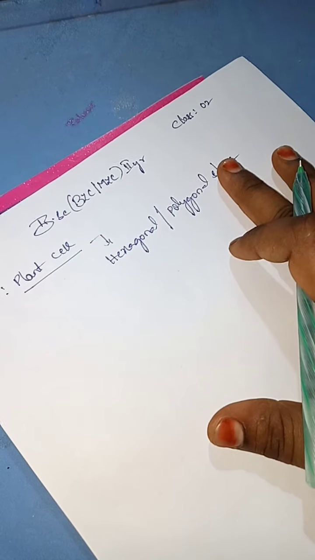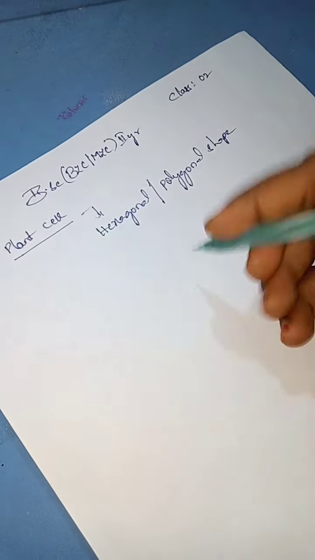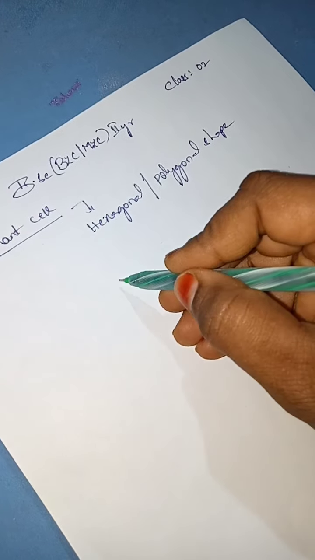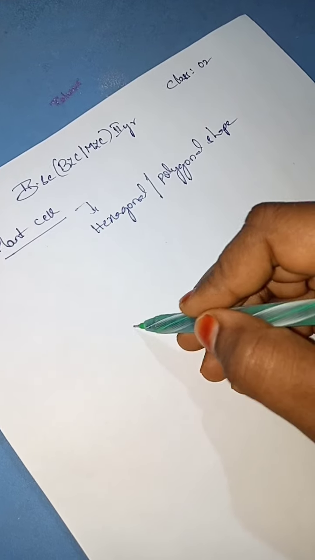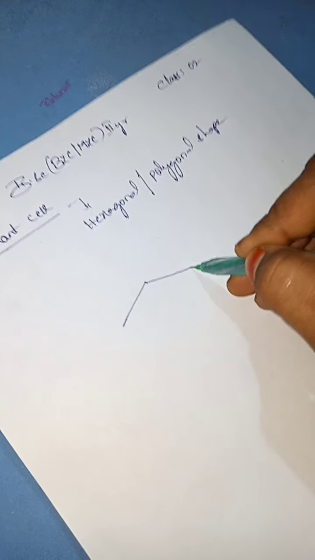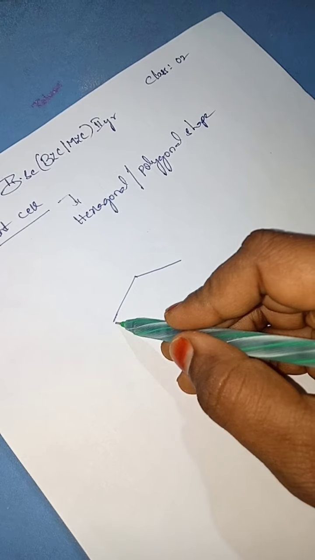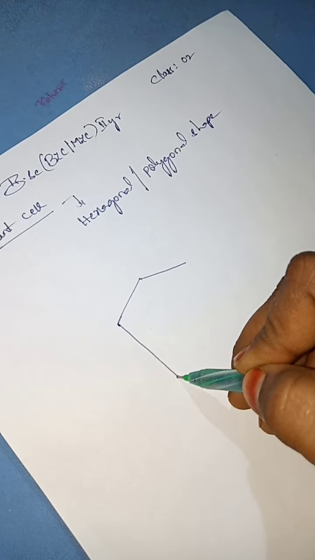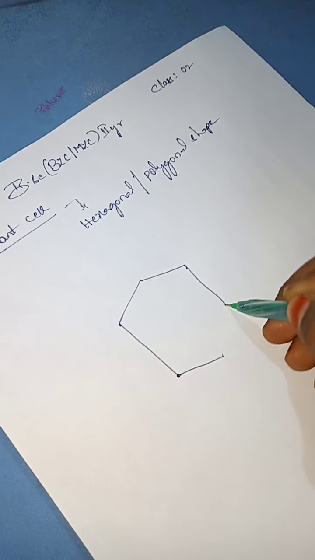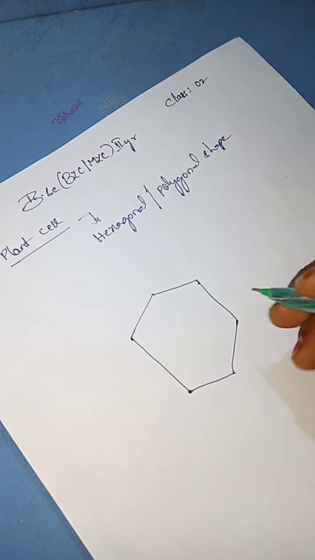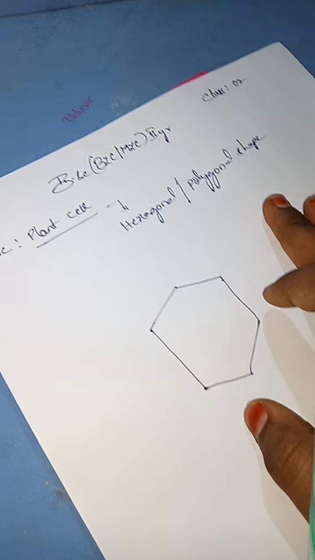Okay, so let's take the hexagonal shape of the plant cell. So here I have drawn the hexagonal shape of the plant.